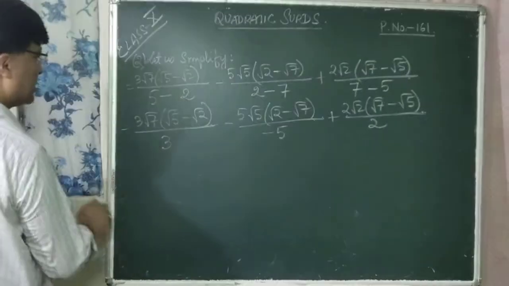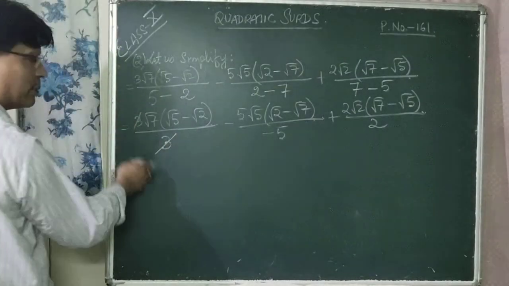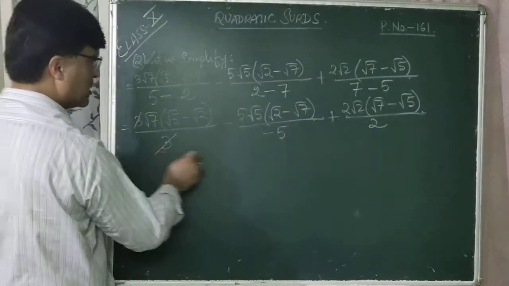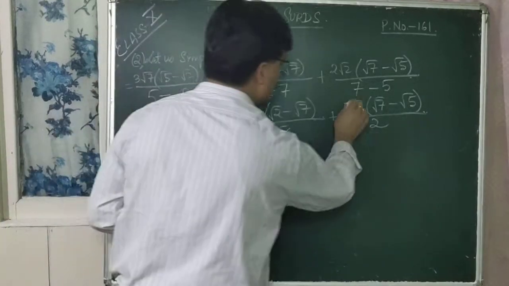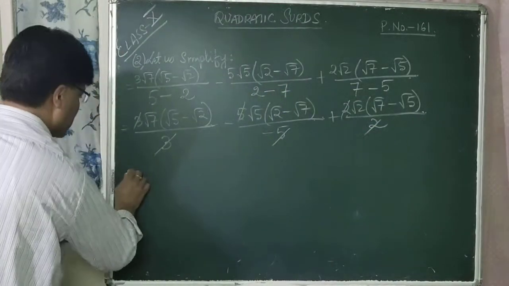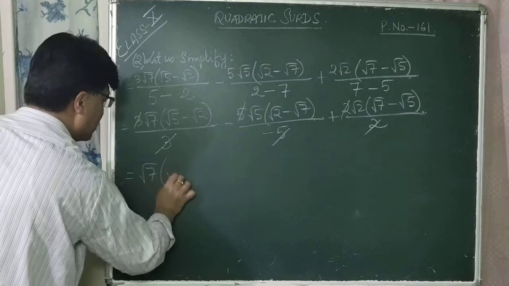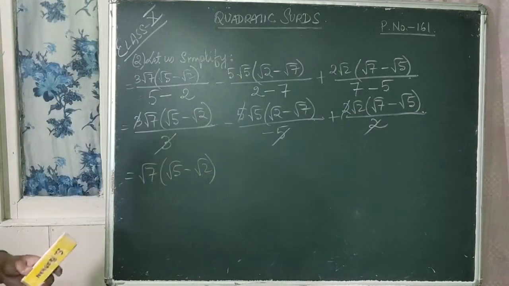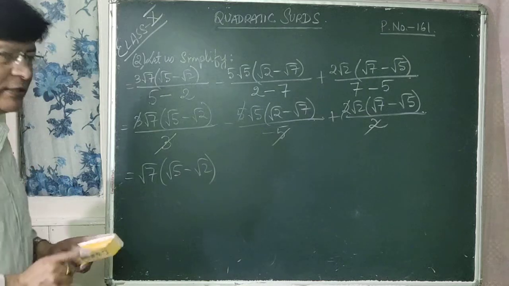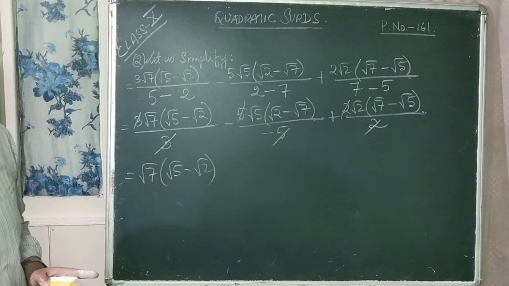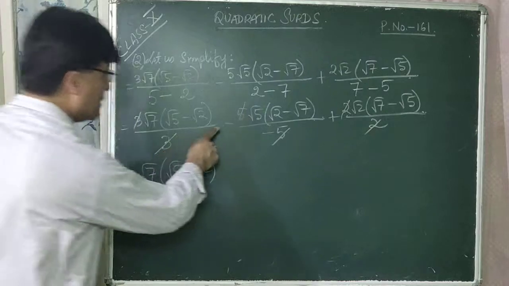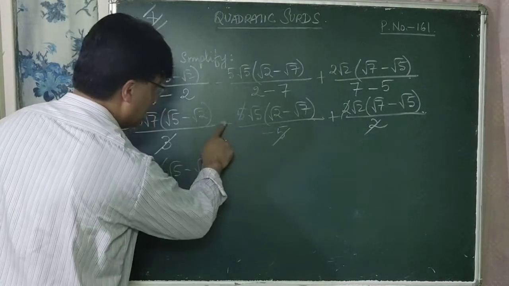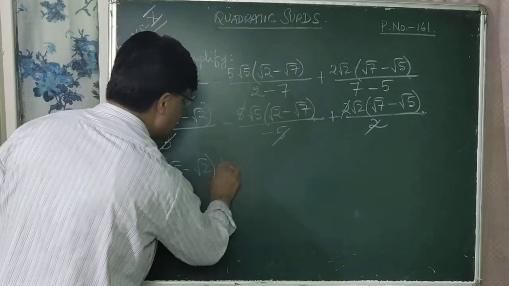So let us simplify it now. This 3 gets cancelled, that is 1 by 1. 3 ones are 3, 3 ones are 3. This 5 also gets cancelled. This 2 also gets cancelled, which is equal to root 7 within bracket root 5 minus root 2. So there is 1 in the denominator. If there is 1 in the denominator, you don't have to write it. Minus divided by minus is always plus.